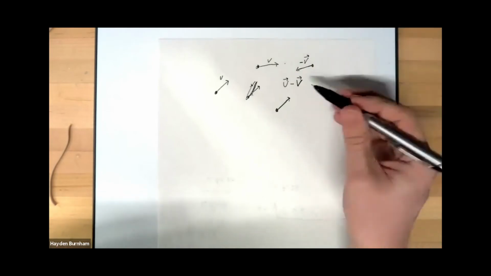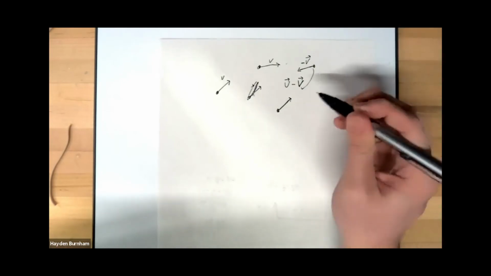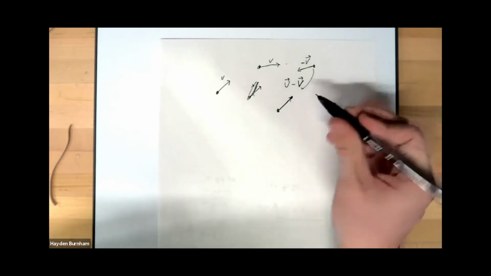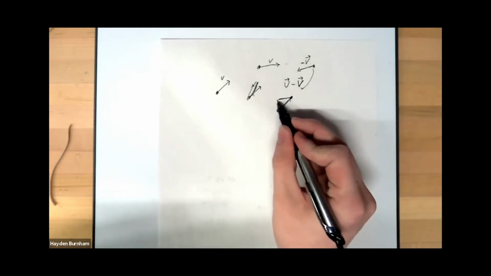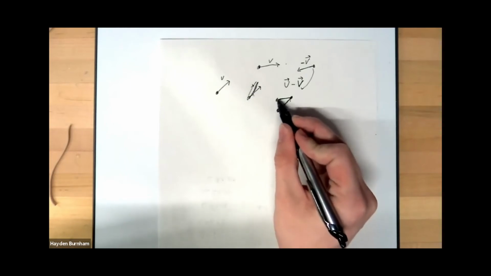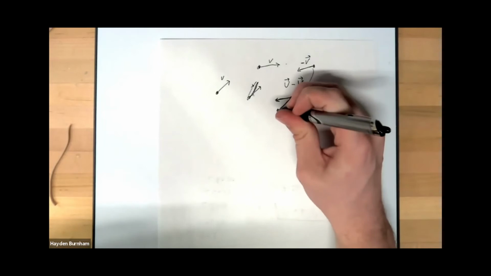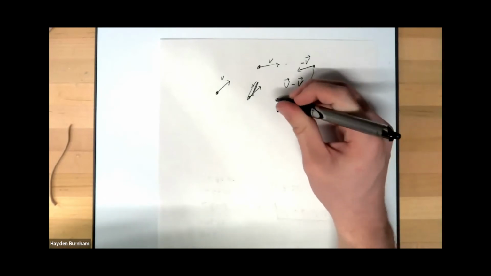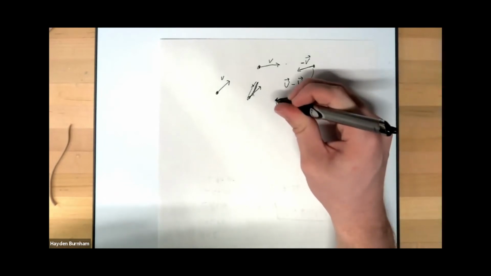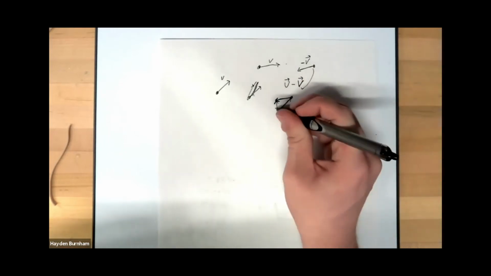All right? And then I would add that on to this using the head to tail method. Right? And then you take the origin of the first vector and the head of the other one. You draw a new vector, and that's the vector you're looking for.